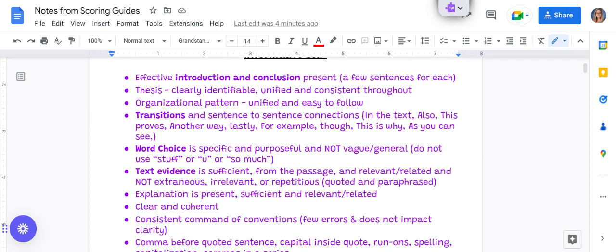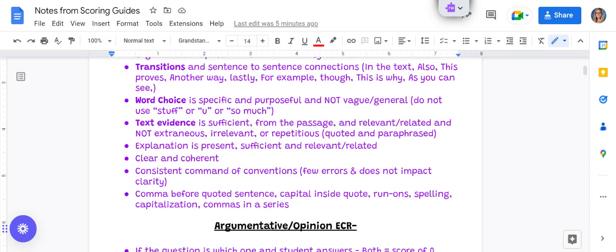Transitions, huge. I copied down some of the transitions that I noticed are in all of the examples. Word choice is specific and purposeful and not vague or general. If you read all of the rationales for the scores, TEA made comments saying that words like "stuff," "you," or "so much" got points taken off for word choice.